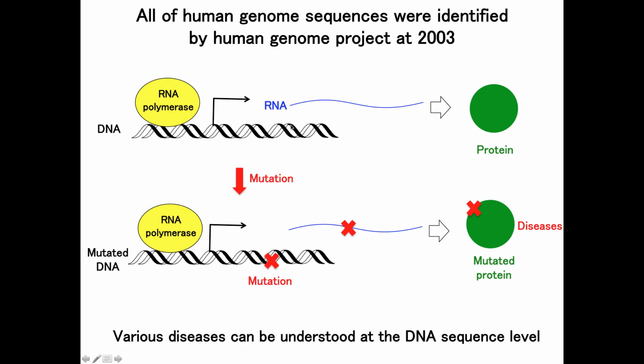At first, DNA is transcribed to RNA, and then protein is produced based on RNA sequence. If DNA sequence is mutated, the amino acid sequence is changed, and then a mutated protein is produced. This mutated protein causes many diseases.